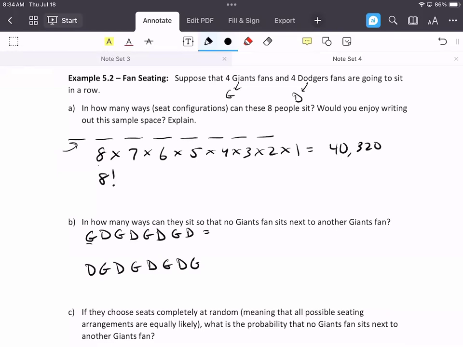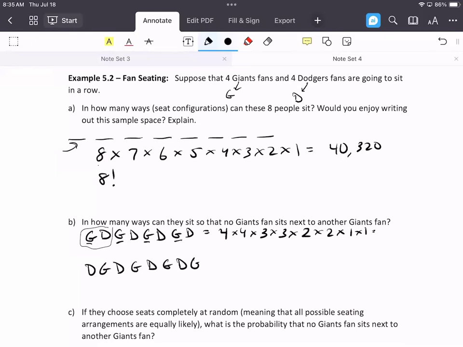So how could we write this out? There are 4 Giants fans, and the first Giants fan could choose any of the 4 seats. The same thing would be true for the Dodger fan. But once each of them, let's say they chose these 2, how many are left for each of the subsets? And hopefully you think, oh, well, there's only 3 left for each of them, and then 2, and then 1.